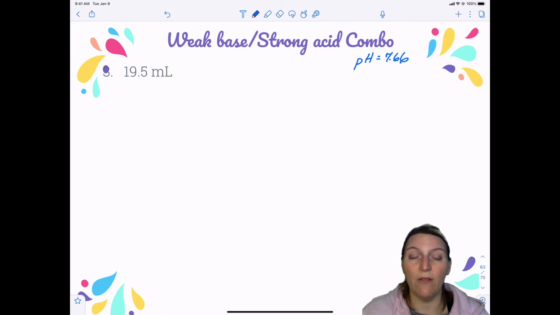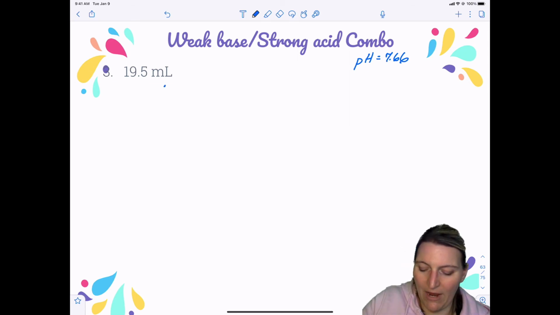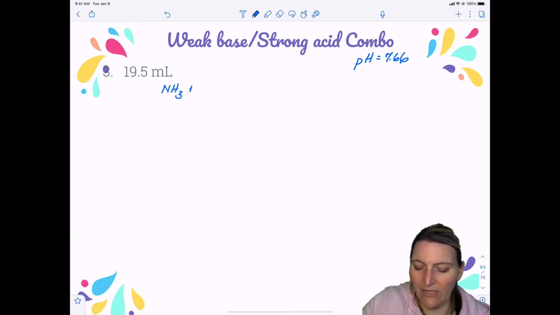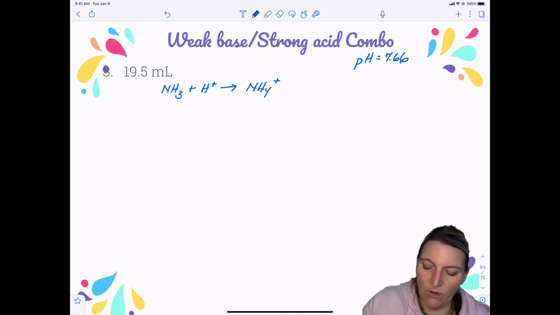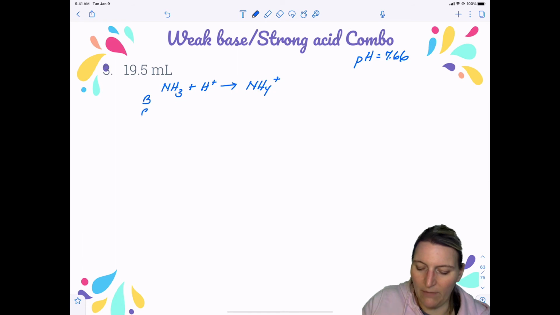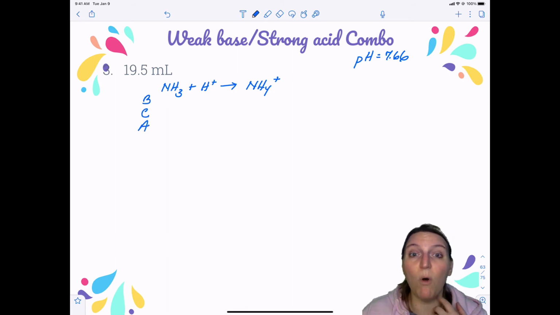One of the questions that I always ask is, what's going on? What is the balanced chemical equation? So when we add that strong acid to our weak base, I need to know what's happening. What is happening is that strong acid, that HCl that we add, gets completely consumed, and we make NH4+. In an BCA chart, we use moles.